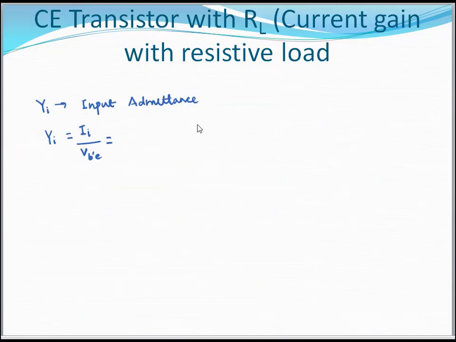So we can write here Gb'e plus j omega C plus Cc 1 plus Gm RL.